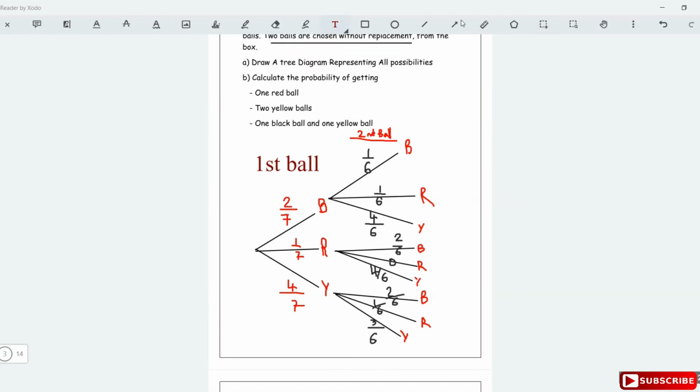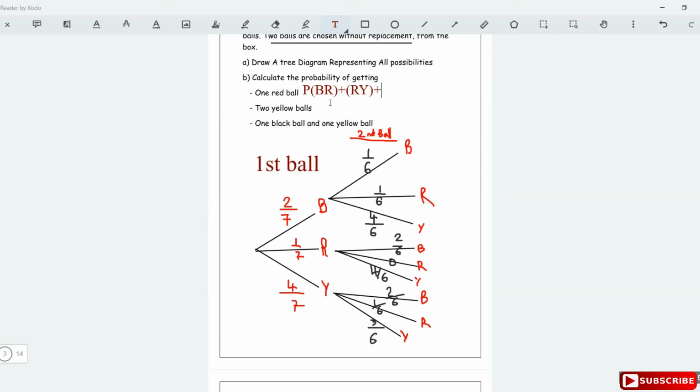Nice. And so what we're saying virtually is the probability of getting one red, meaning you can get a black and a red, or you can get a red and a yellow, or, what else can you get for one red?